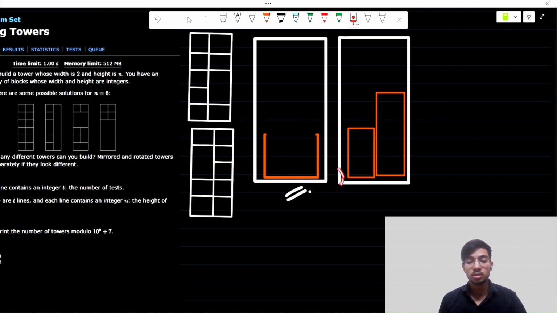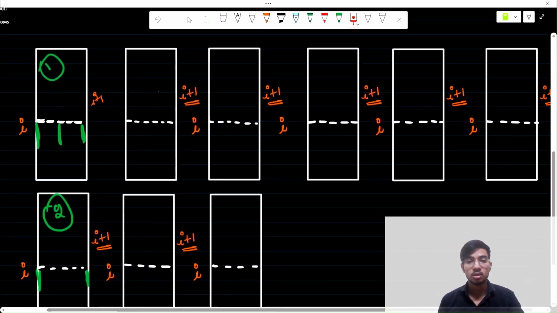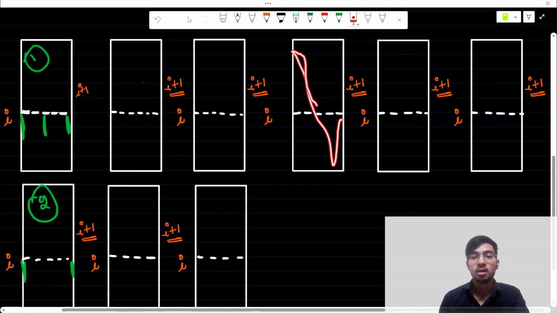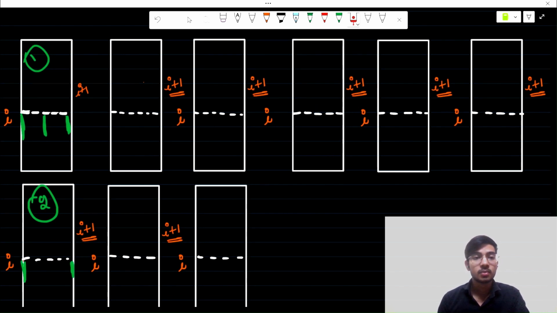So this is another observation that I can have. Let's look at the different cases through which I can extend. If the previous block is of width 1, what can you do? You can close one of them and start with a width of 1, and you can extend the right one.